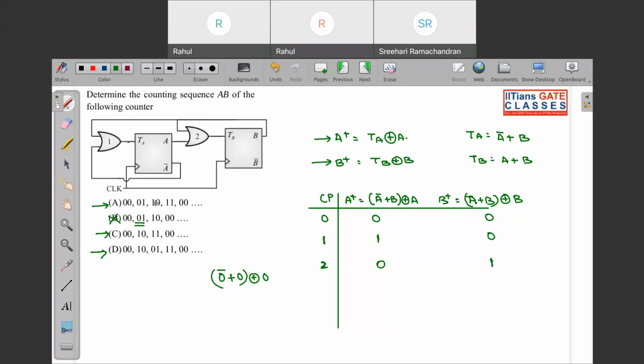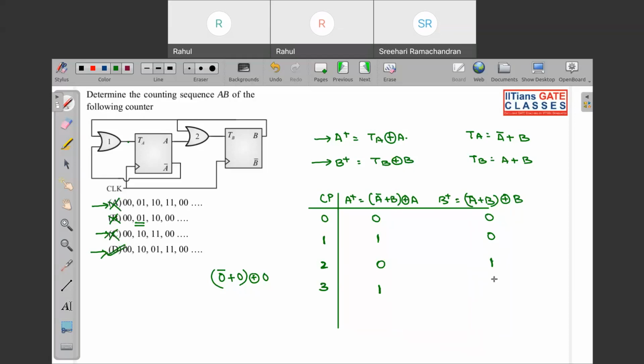So out of these options, what you can see? 0 1 here we are not getting. Here also we are not getting. Option D is correct. Now solve, if you want to solve once again. So over here you can see this will be B, means directly if I write, B is 1, A is 0, so this will be 1, and over here B is 1.